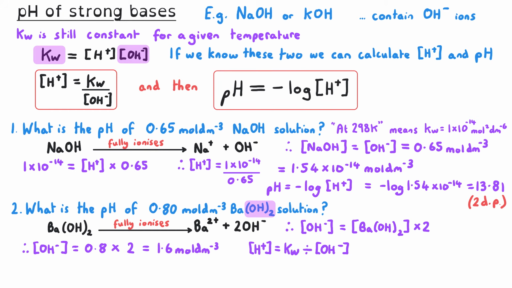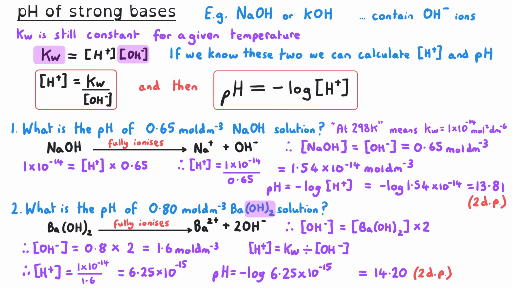And so the Kw divided by this hydroxide ion concentration gives us a hydrogen ion concentration of 6.25 times 10 to the minus 15, and then the negative log of this value gives us 14.20.